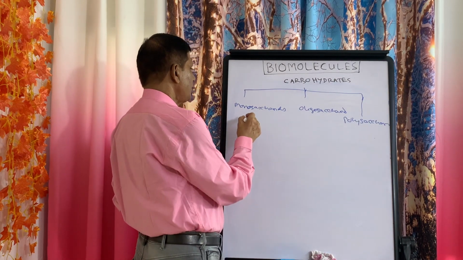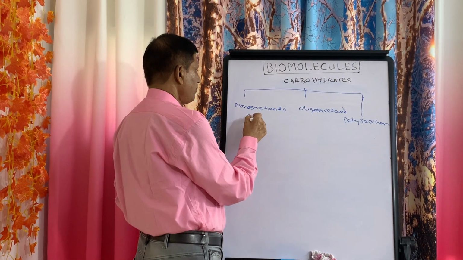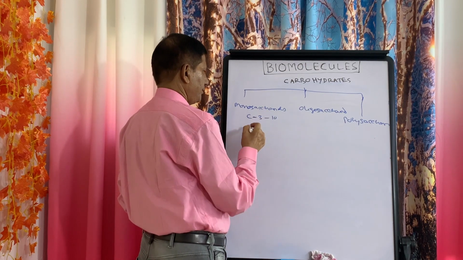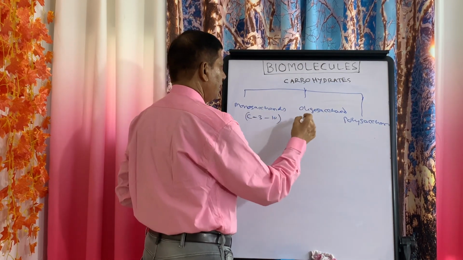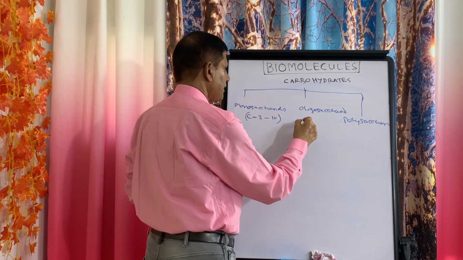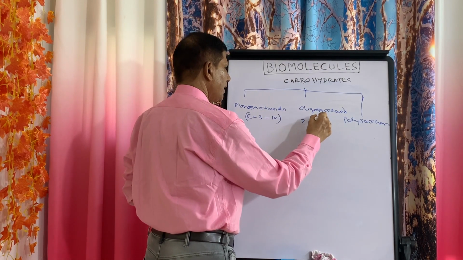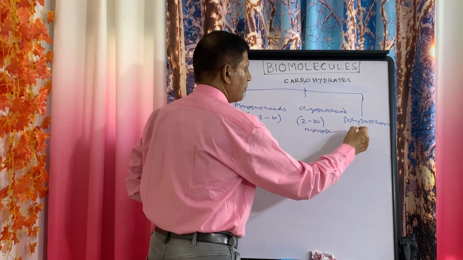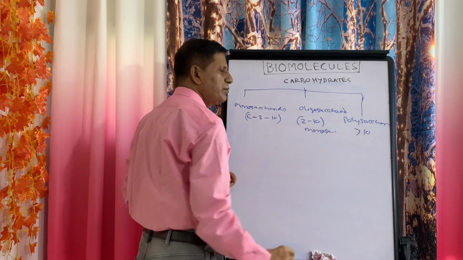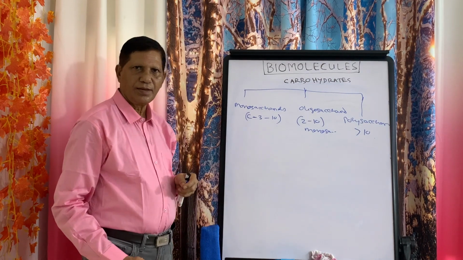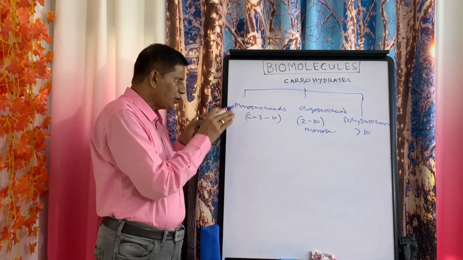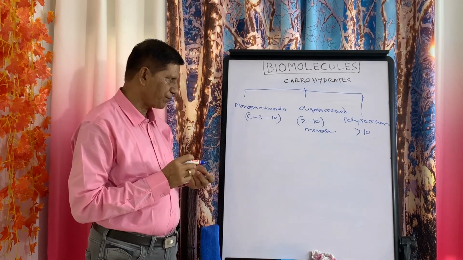In monosaccharides, usually the carbon number ranges from 3 to 10. The oligosaccharides range from 2 to 10 monosaccharides. And when more than 10 monosaccharides are present, it is polysaccharide. Now, we will discuss one by one. Today, first we will start with the monosaccharides.